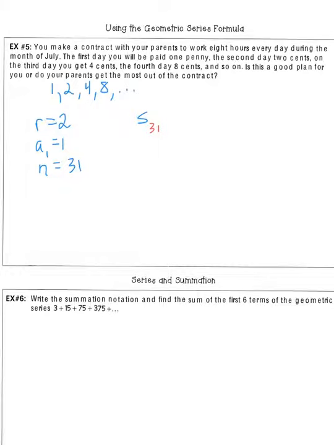And that equals 1 times 1 minus 2 raised to the 31, all divided by 1 minus 2. Okay, so if I do 1 minus 2 raised to the 31, I get negative 2,147,483,647.